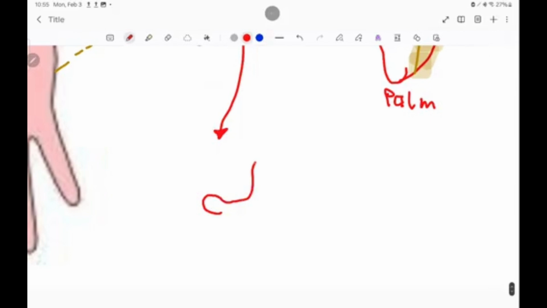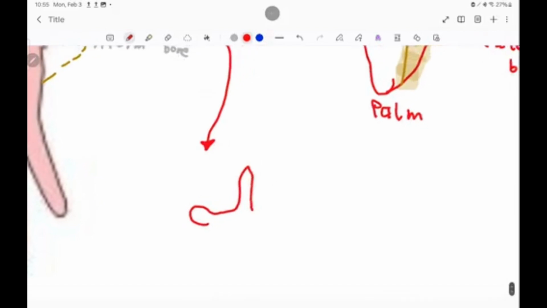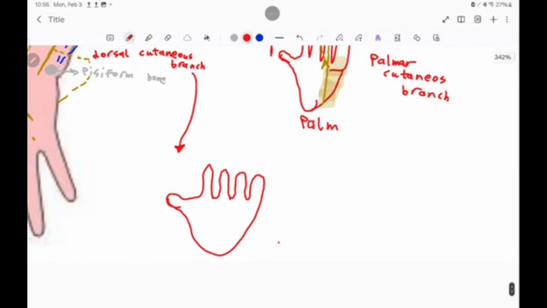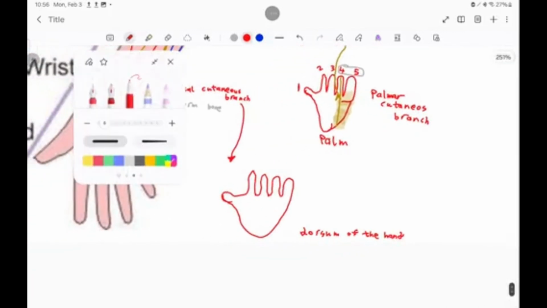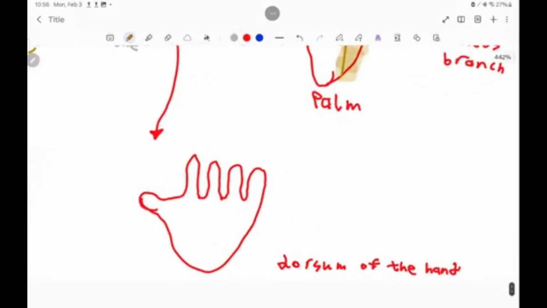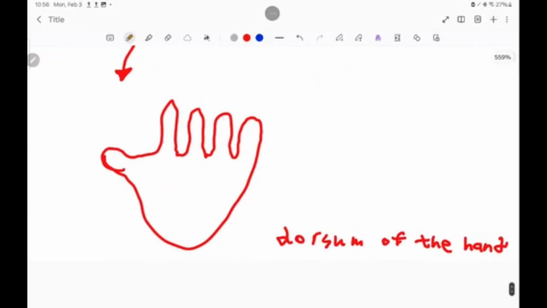Here is the thumb. Here is, as we said, the index, middle finger, ring, and finally the little finger. But this is the dorsum of the hand. So what does this nerve supply in the dorsum?